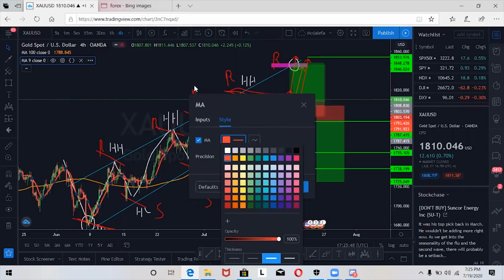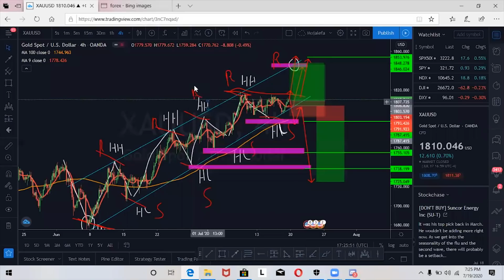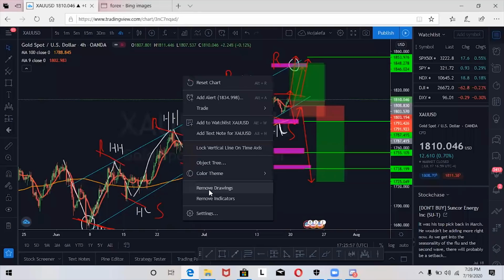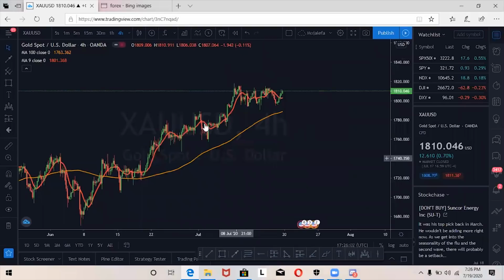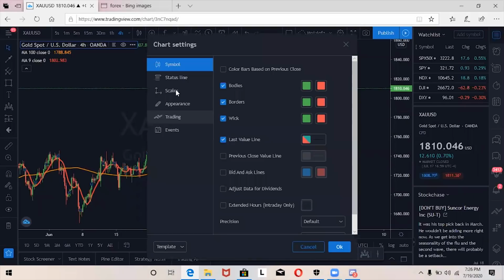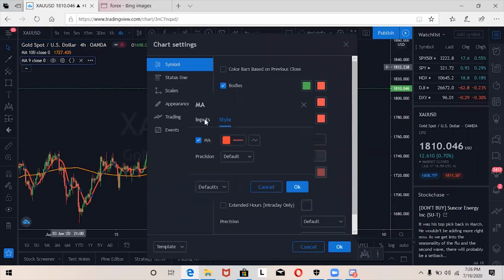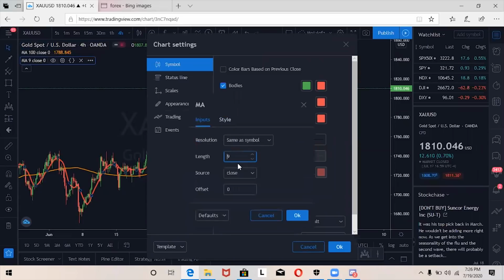But you know what, guys? Let me remove the drawings here so you can see how the moving averages behave. Let me go to settings, inputs, and put 50.